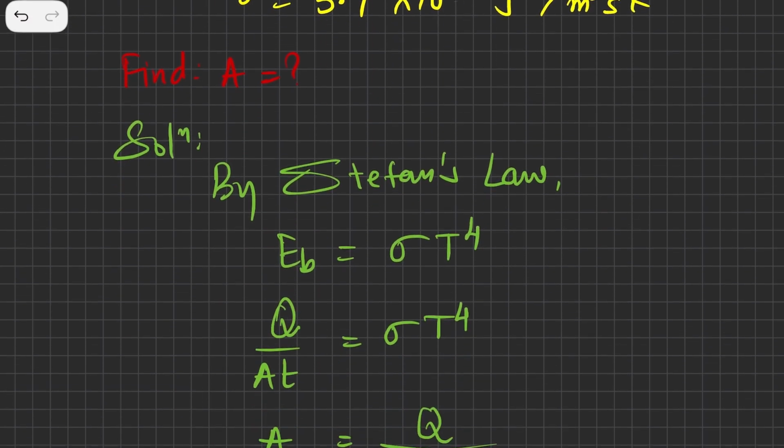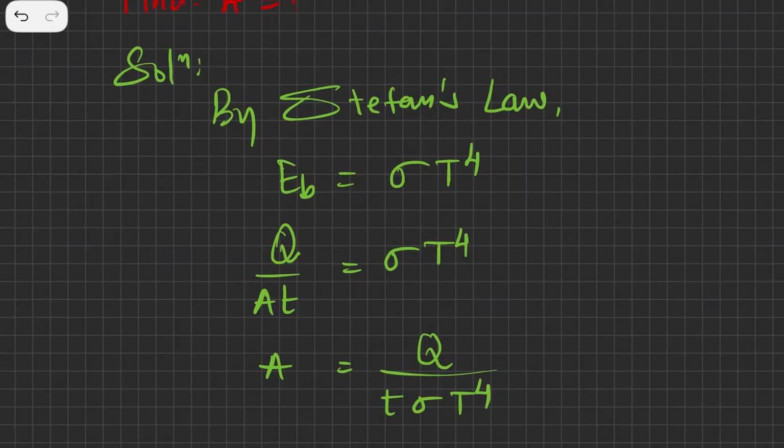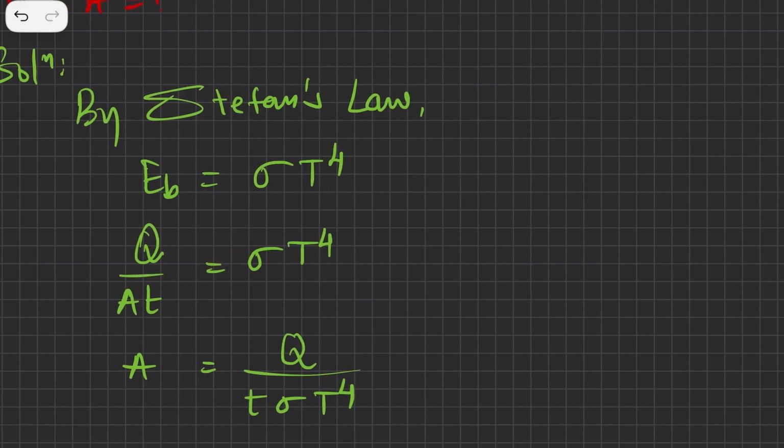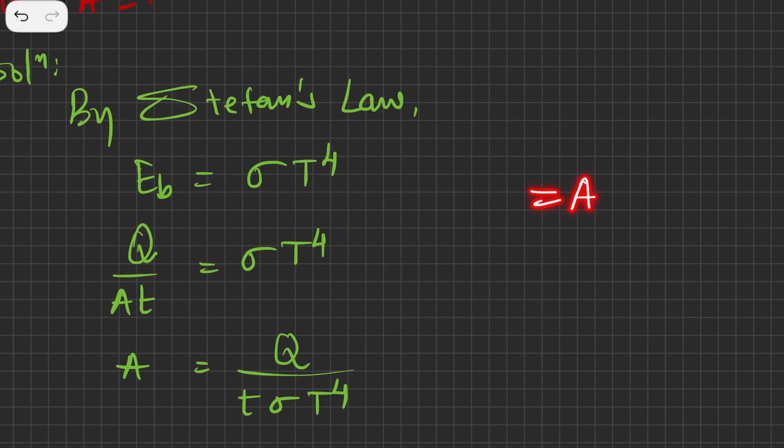So I'm again applying Stefan's law. EB is equal to sigma T raised to 4, where EB is the emissive power of a perfectly black body, which is Q upon A T, equal to sigma T raised to 4. Now I'm supposed to find out A. So you can just move this A to the other side, and moving the T and sigma T raised to 4 as well, you land up with A equal to Q upon T sigma T raised to 4.